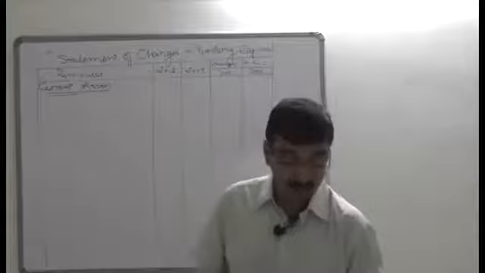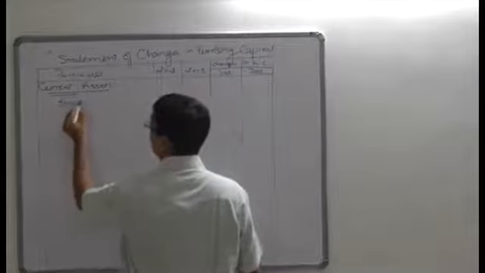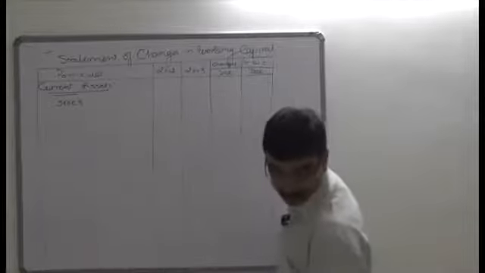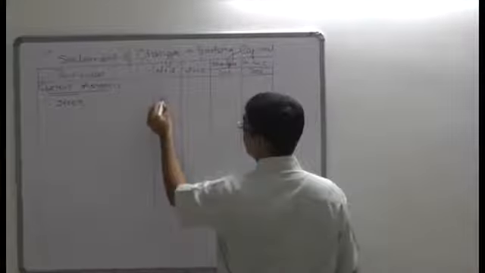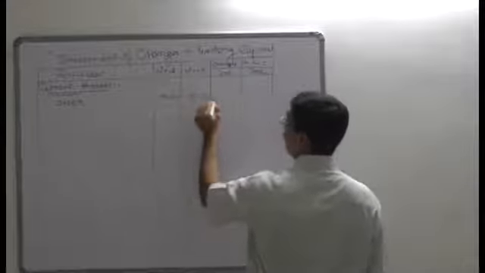Then the stock is given. The stock, inventory, is purely a current asset, and the stock for the 2 years is given: 90,000 for the last year and 80,000 rupees for the current year.